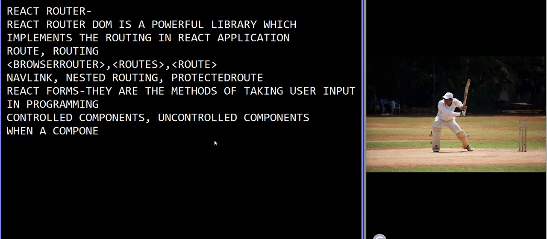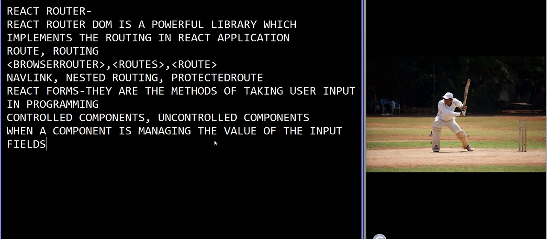When a component is managing the value of the input fields by using states in a form, so you can say by using states of React as well. So here form means it will come in HTML as well.